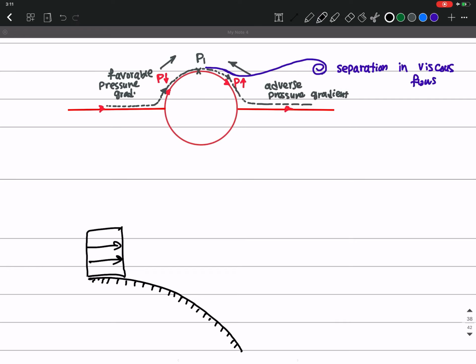Everywhere they are going to be the same, okay? But because of viscosity, we have to have a no-slip condition near the surface. So the velocity at the surface has to be 0, and then it will go higher above that to the streamlines that we have, okay? So because of the no-slip condition, you are going to see something like this. So this is the no-slip condition.